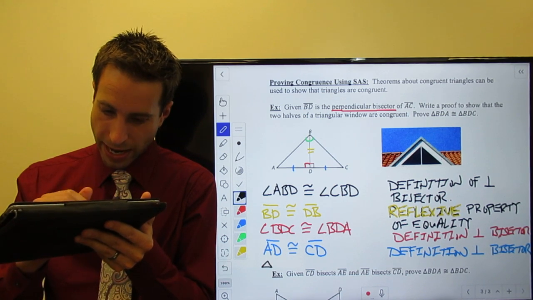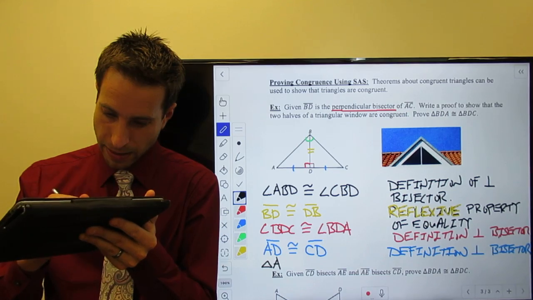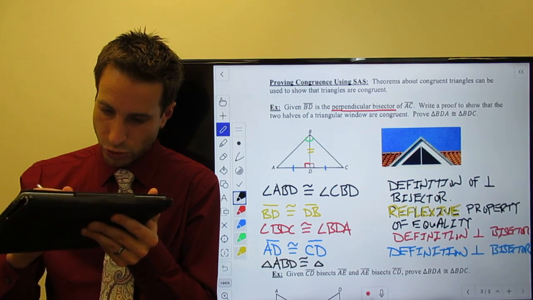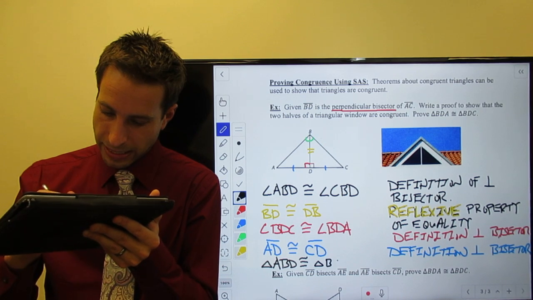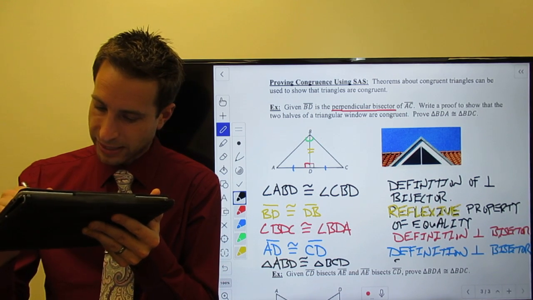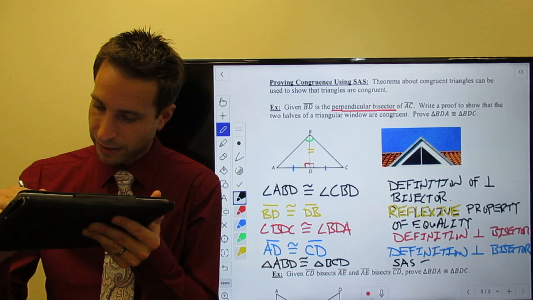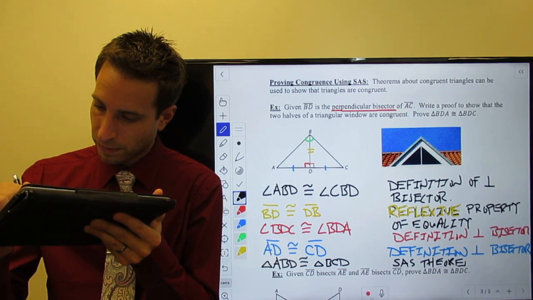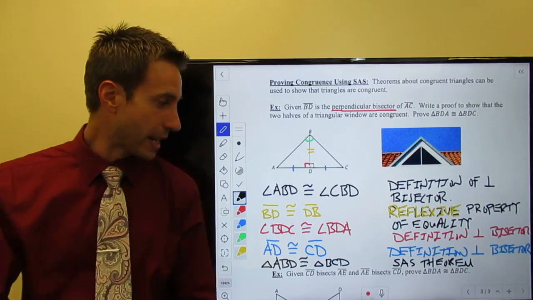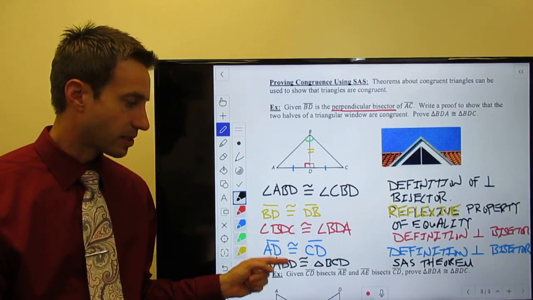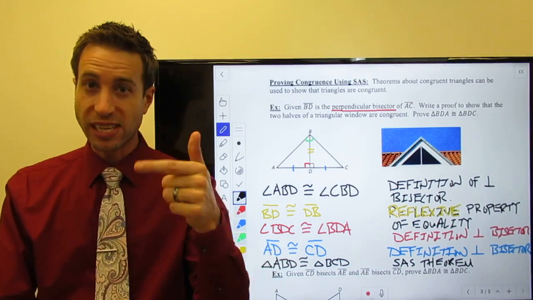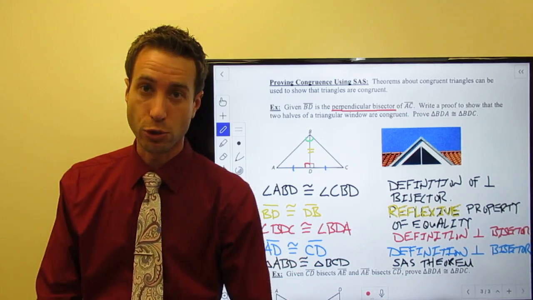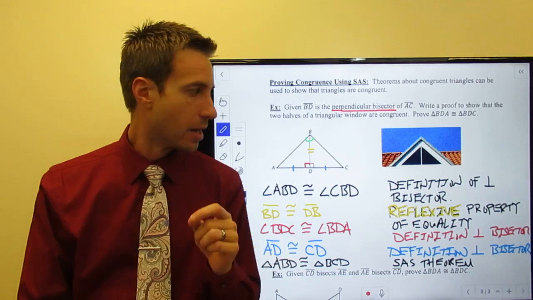I know that triangle ABD is congruent to triangle BCD by the side angle side theorem. Because right here, side, angle, side. As soon as I can show that two sides and an included angle are congruent, which we just did, I know that those two triangles must be congruent.